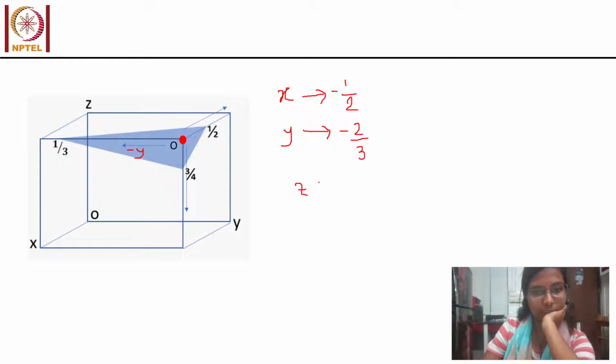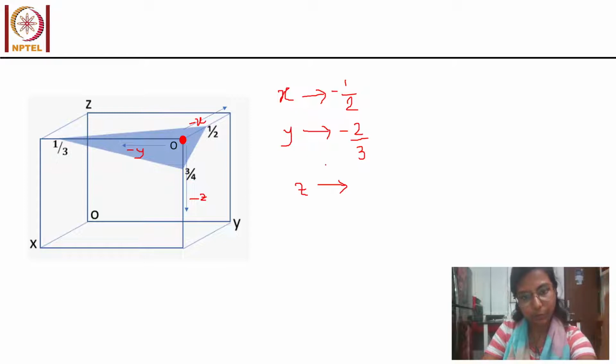The z direction. What is the intercept along the z-axis? This was my plus z, so this direction is my minus z. Again, if this is 3/4, then along this we have to reverse the sign as well as subtract it from 1.